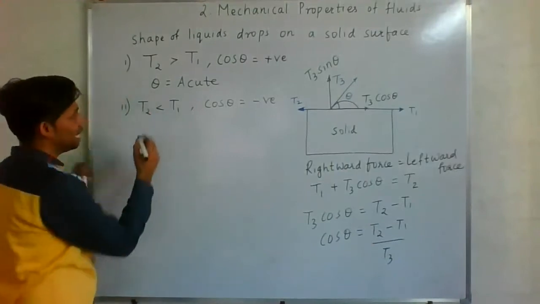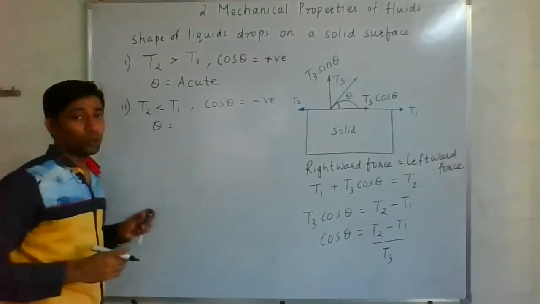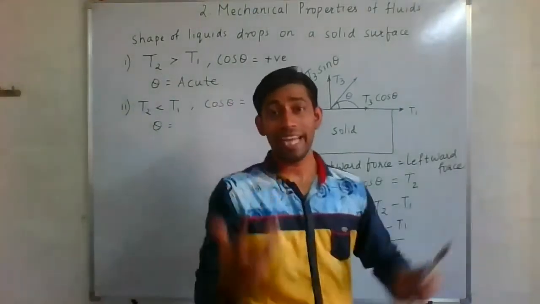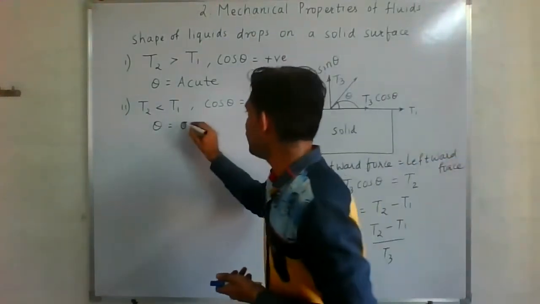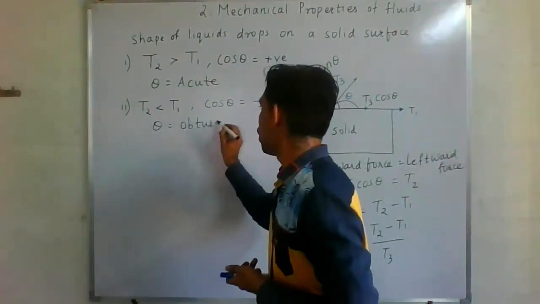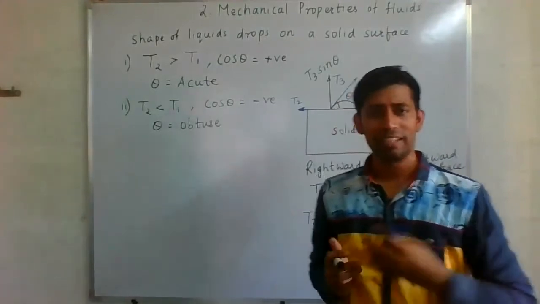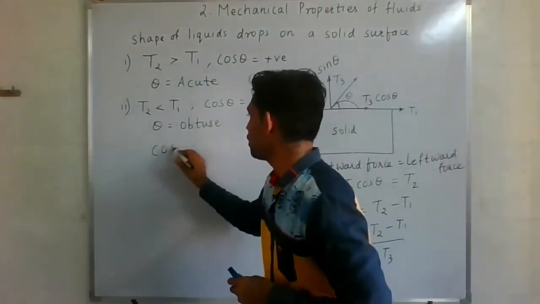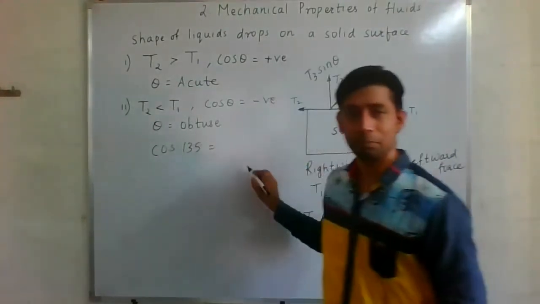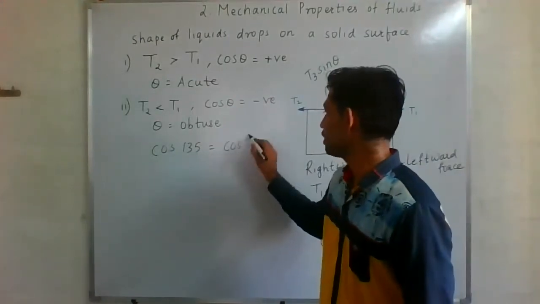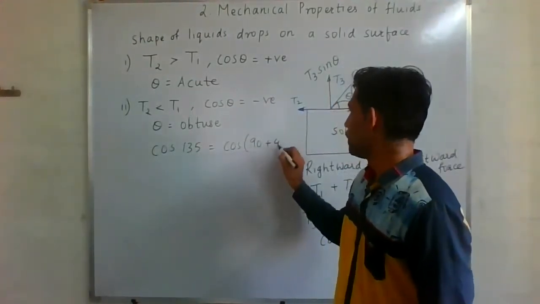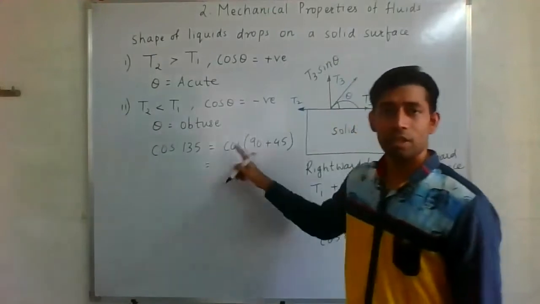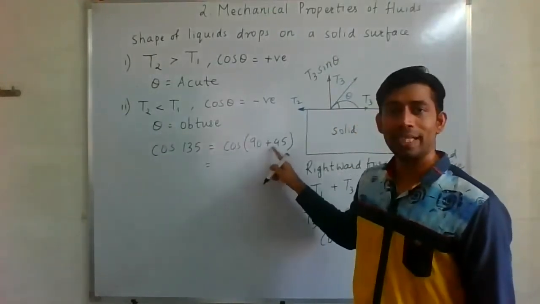And when cos theta is negative, the angle for a negative value of cos theta will be termed obtuse. I'll give a simple example. Let's say I have cos 135 degrees. I'll write this as cos of 90 plus 45, cos of pi by 2 plus theta.